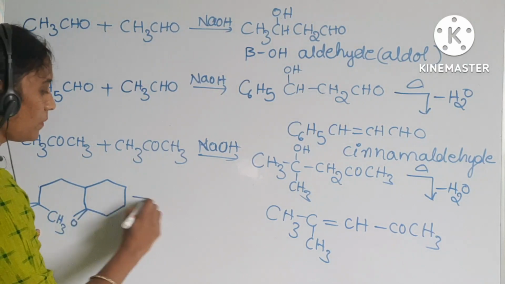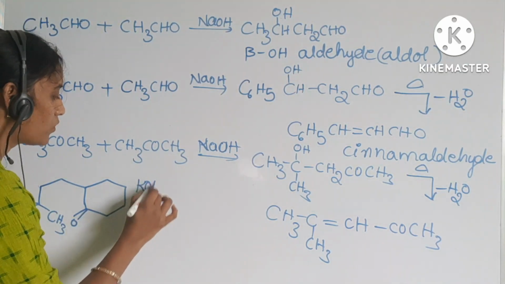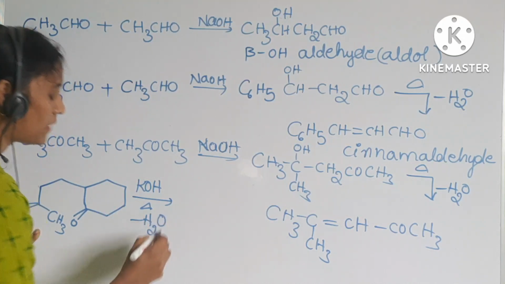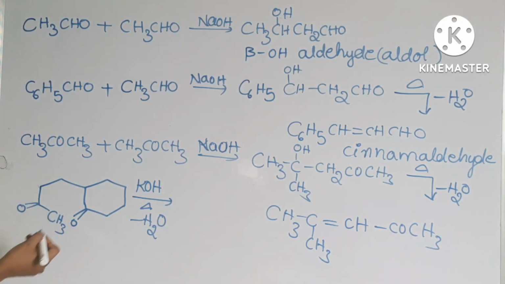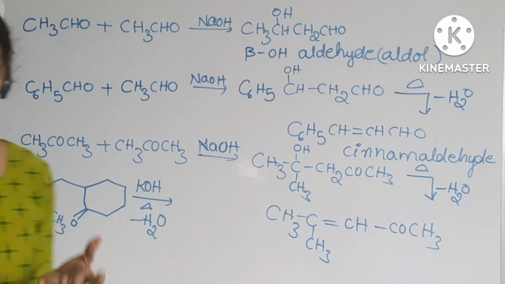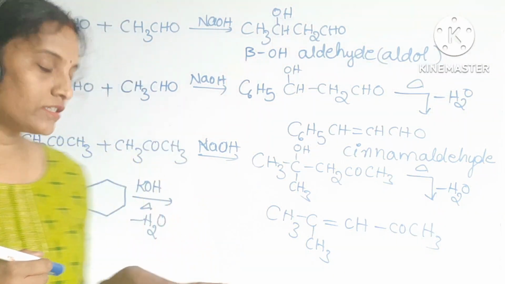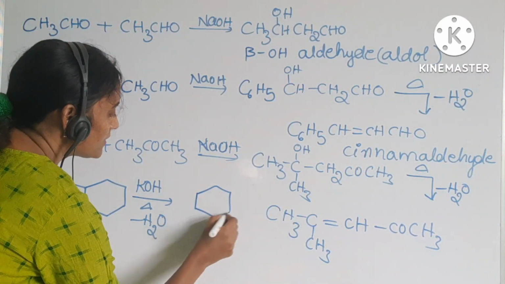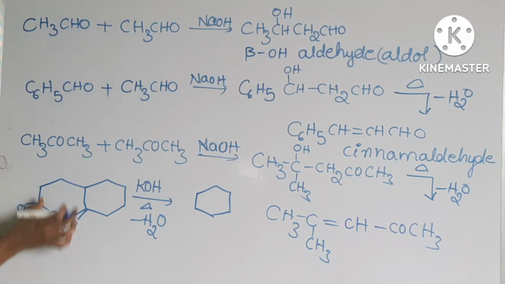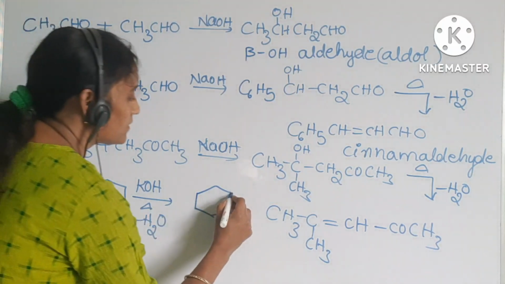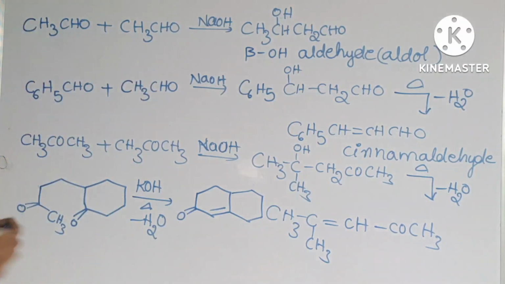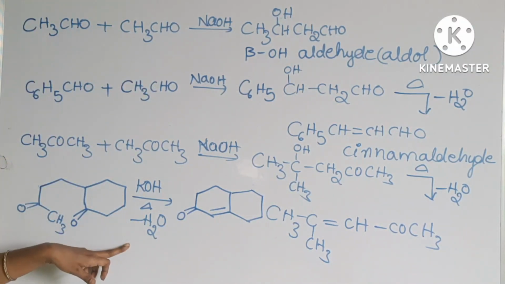See here, KOH, heating, dehydration. Listen, here also alpha beta hydroxy ketone will be formed in the first step. After that dehydration, it will be cyclization. See, this part is going to be cyclized. See, this is the product after dehydration.